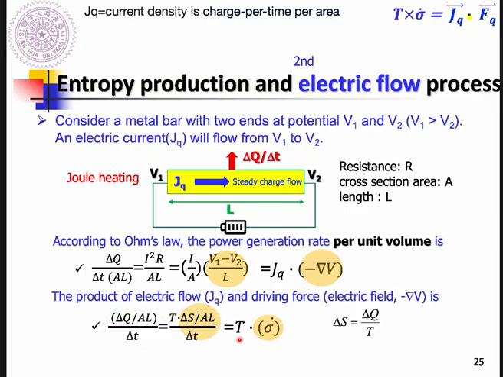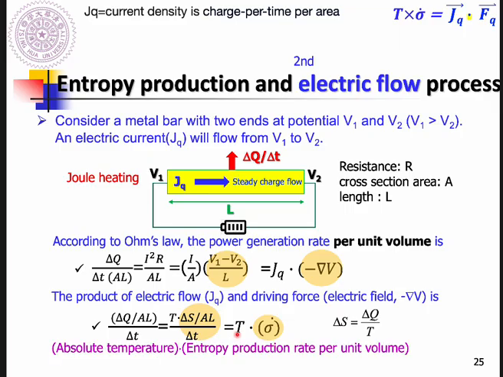So we successfully prove that temperature times the sigma dot equals the inner product of the current density and the negative electrical potential gradient.